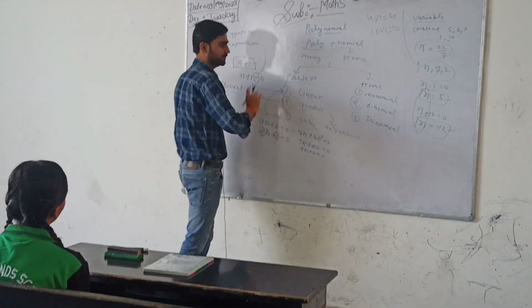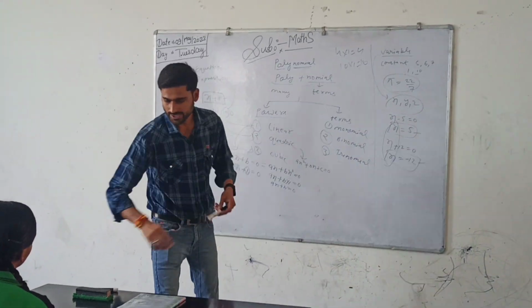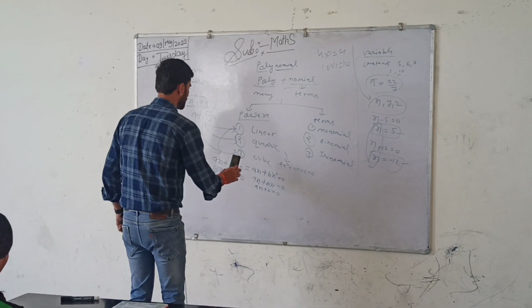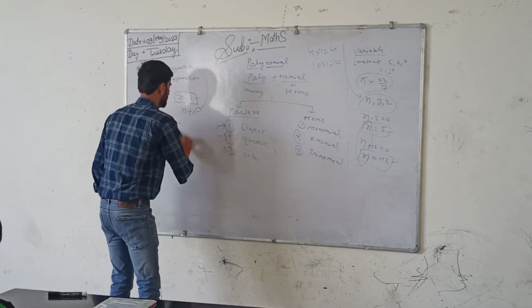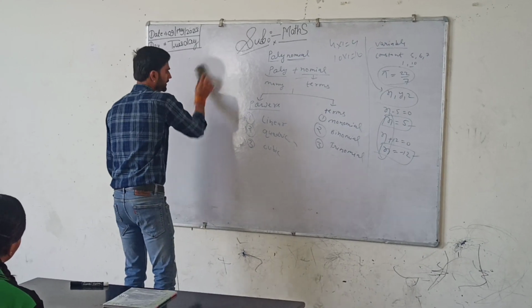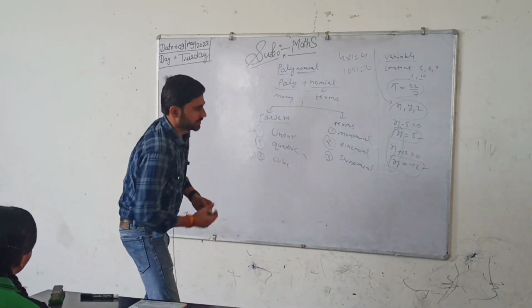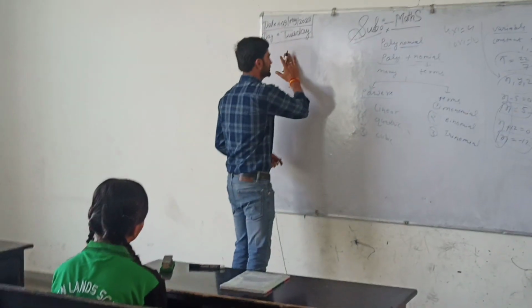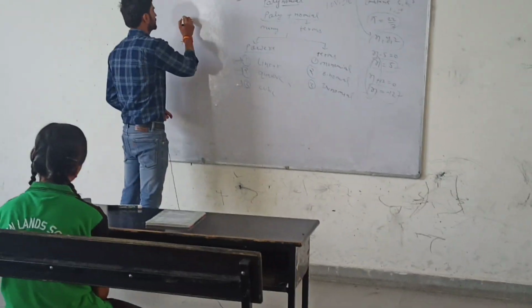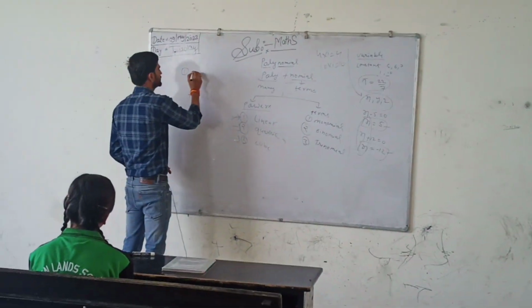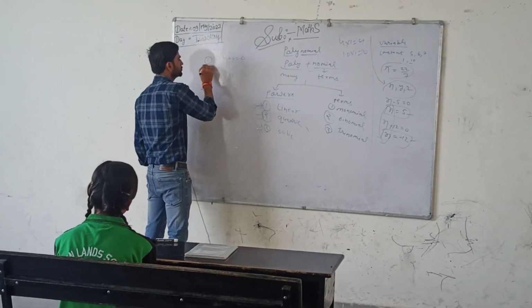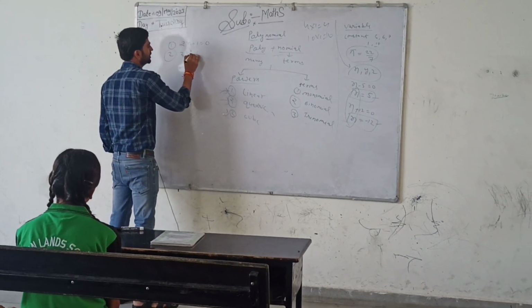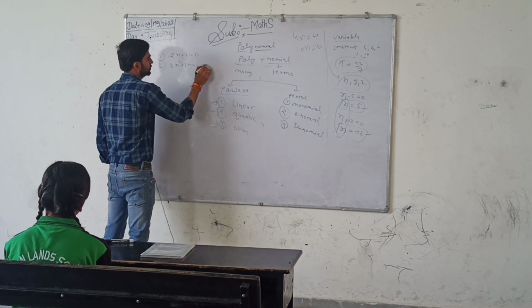Here, if we write a quadratic or linear equation, I'm giving some examples, beta. Okay? We are writing the linear equation, quadratic equation and cubic equation. First example is the linear equation: 2x plus 1 is equal to 0. Second is the quadratic equation: 3x square plus 2x plus 1 is equal to 0.